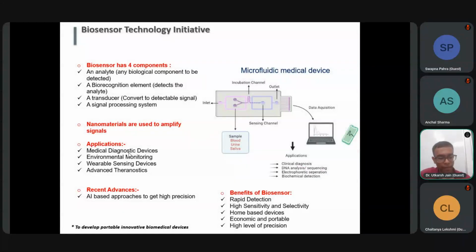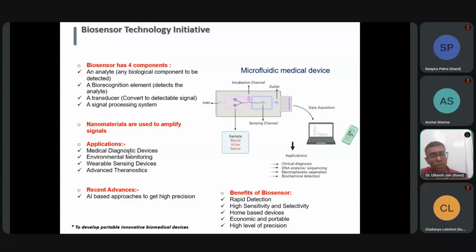So I have taken up a biosensor technology initiative in our university, and this initiative will help people learn about the development of biosensing devices. Maybe there could be certain ideas, but if there is no framework of proper development and advancing, then of course you cannot work on it.